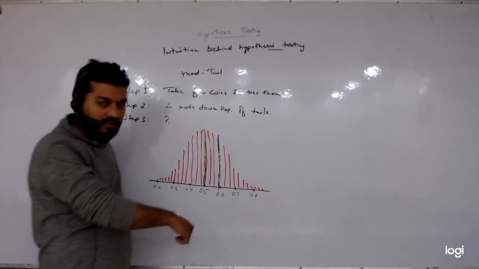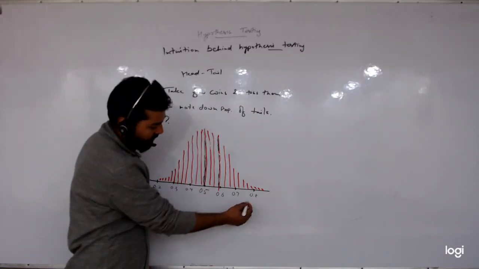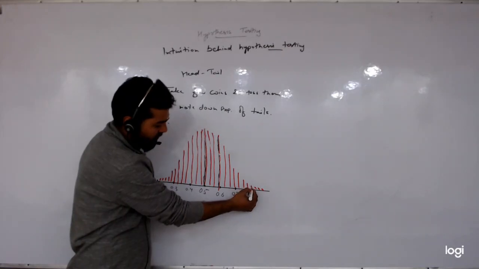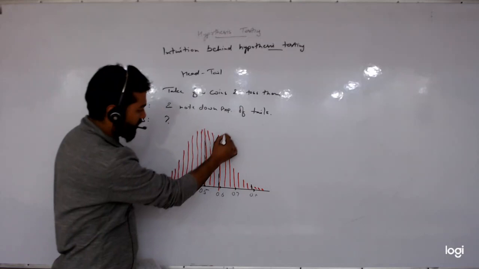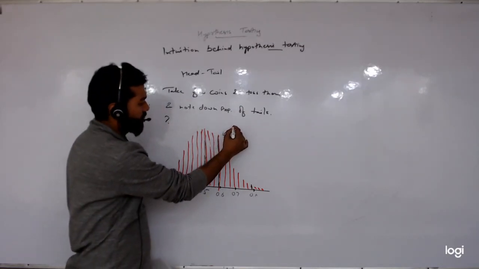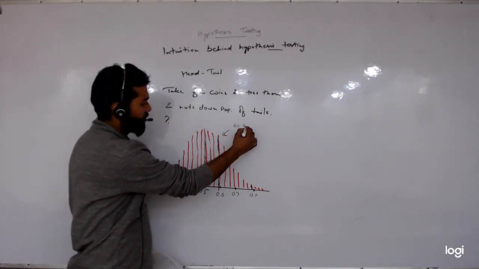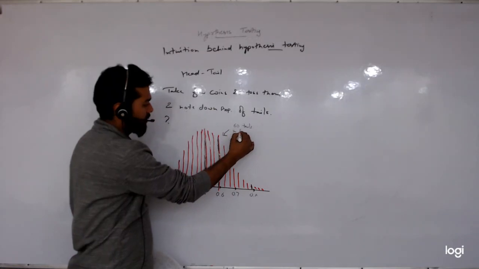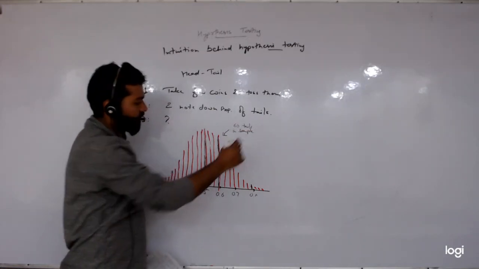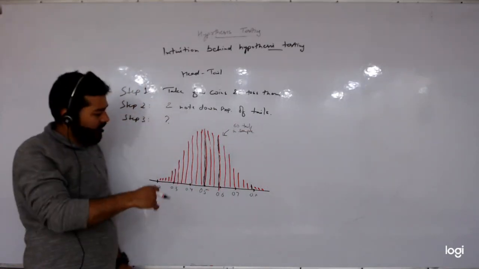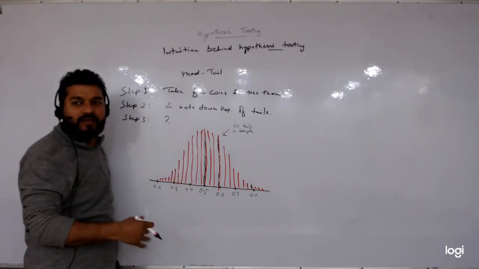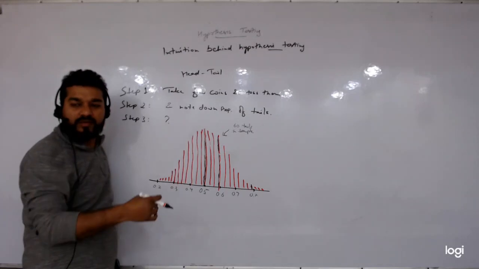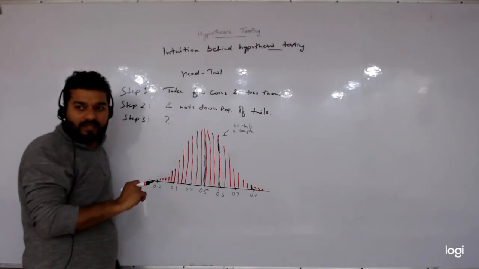But what if you get here? Okay, let's say this is 60 tails in the sample. So one may say fine, it's not 50, but we don't have enough evidence to say that this is tail biased.